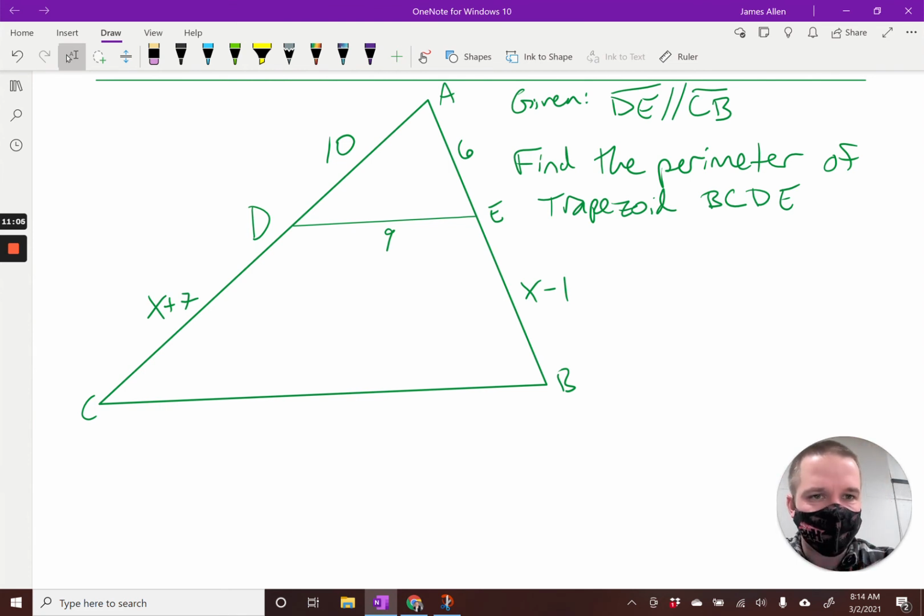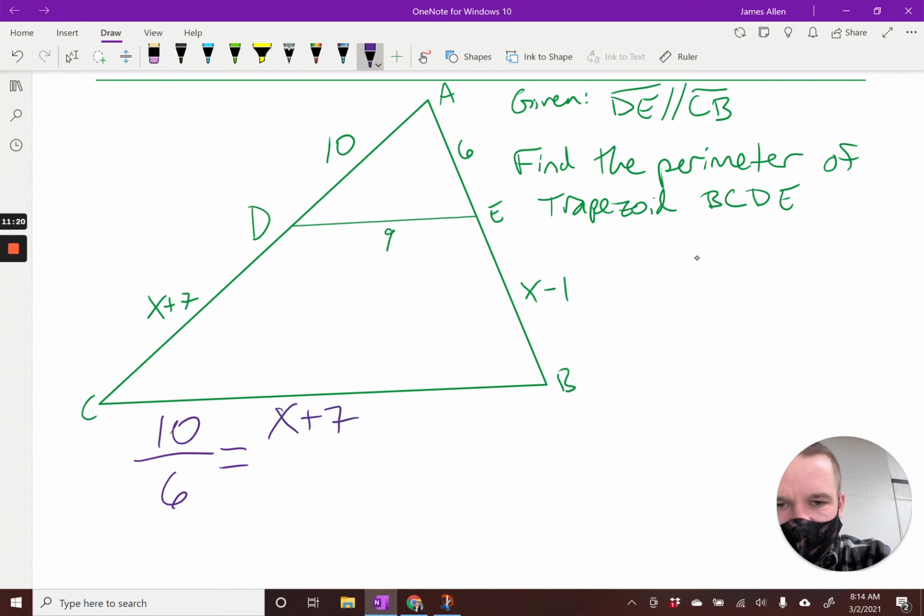First off, if those lines are parallel, I can use side splitter theorem because it cuts the sides proportionally. It cuts these two sides proportionally. So I could set something up like 10 over 6, I've been using 10 and 6 quite a bit here, and x plus 7 over x minus 1. I'm going to reduce to 5 over 3 then. And now I'll cross multiply.